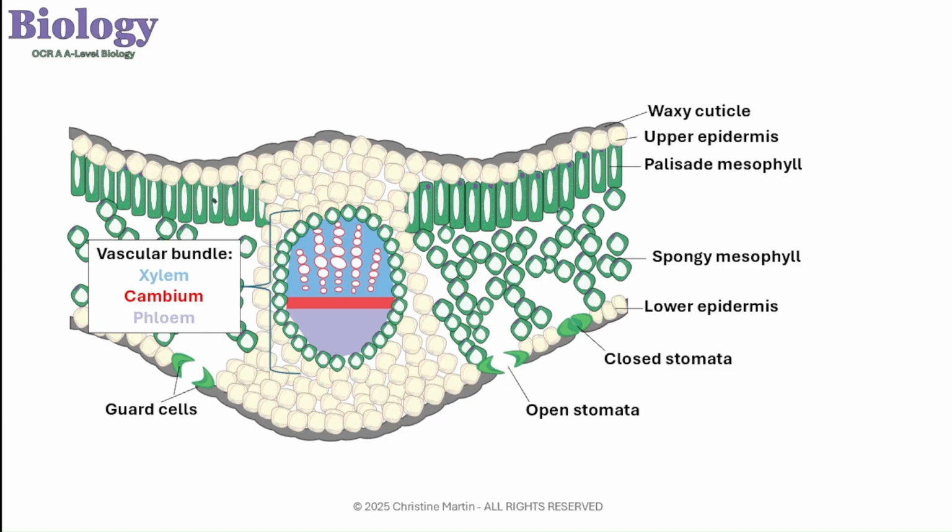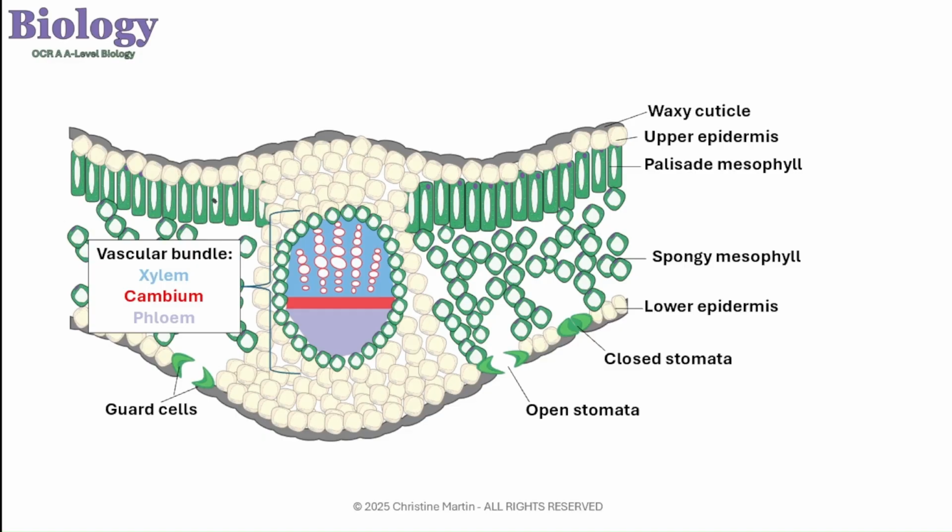As plants rely on water for many essential processes, including chemical reactions, maintaining turgidity, and photolysis during photosynthesis, it is important that they maintain a constant supply of water. Therefore, the structure of the leaf is specifically adapted to reduce excessive water loss while still allowing gas exchange for photosynthesis and respiration.